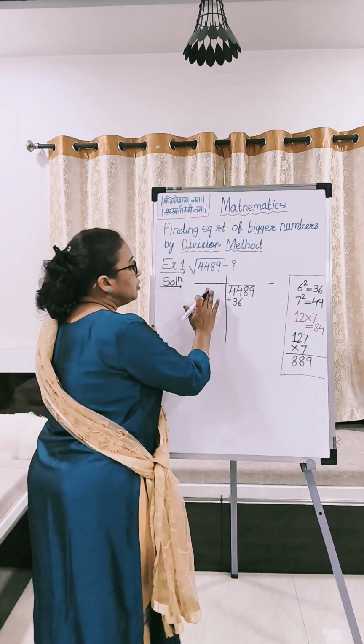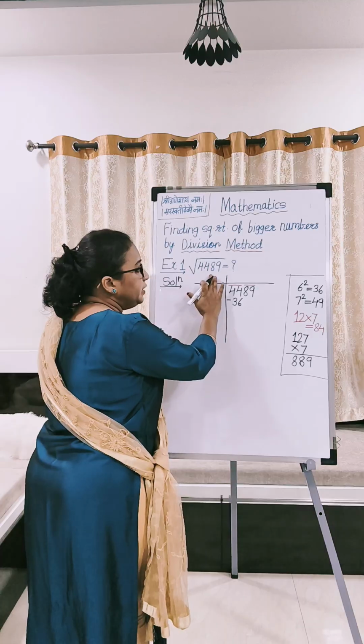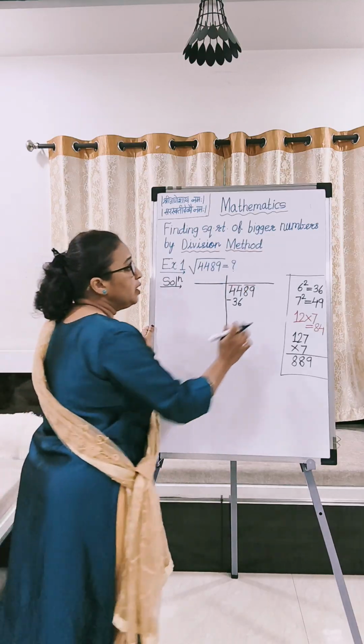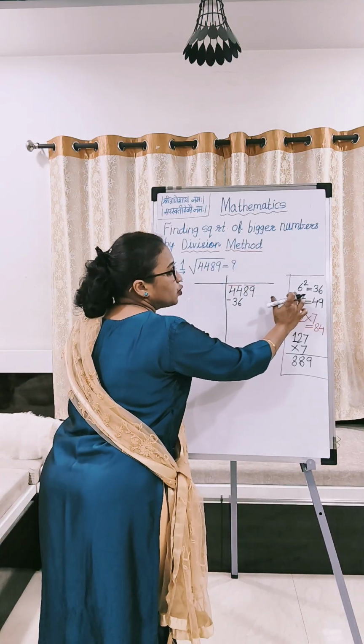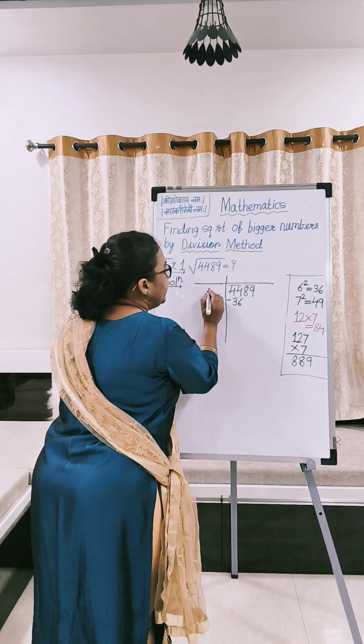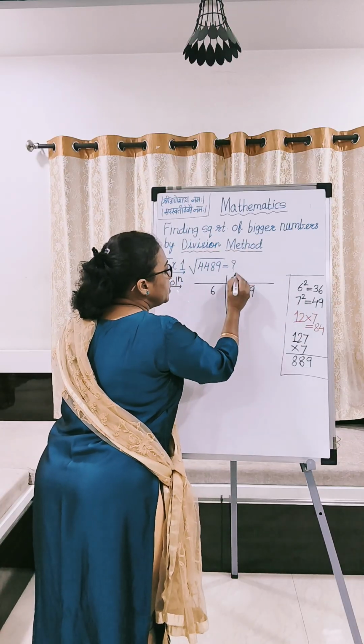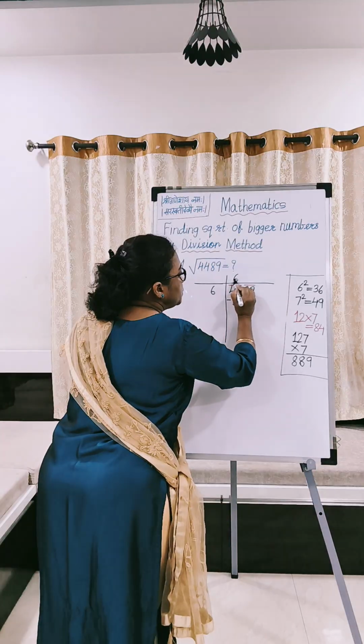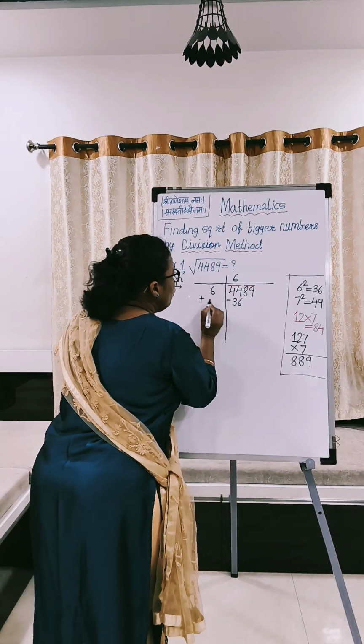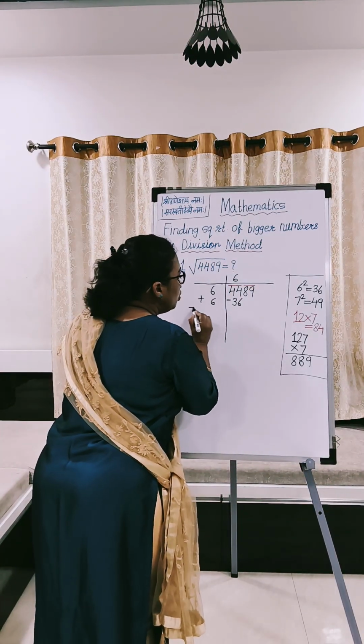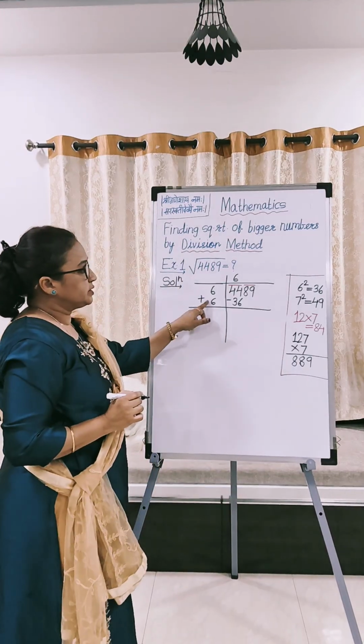Now what are we going to write here? As 36 is the square of 6, we will write 6 at the divisor's place, then at the quotient's place, and one more time below this 6.